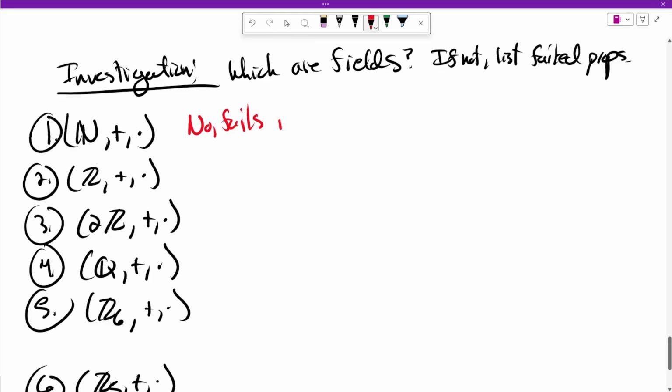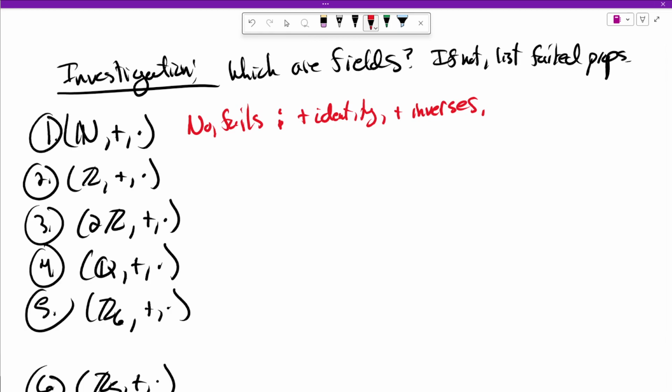There's no additive identity because 0 is not in N. When we include 0, we subscript with the 0. It fails the additive identity. It fails the additive inverses because things like -1 don't exist. And I think that's all the additive axioms it fails.